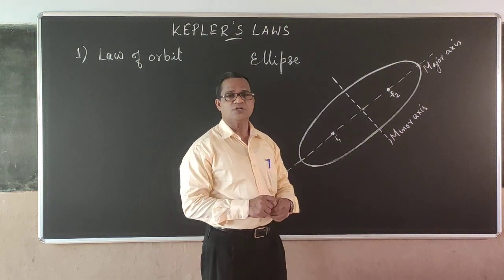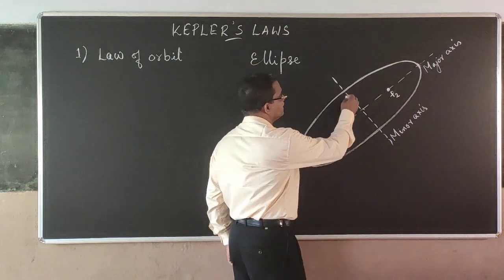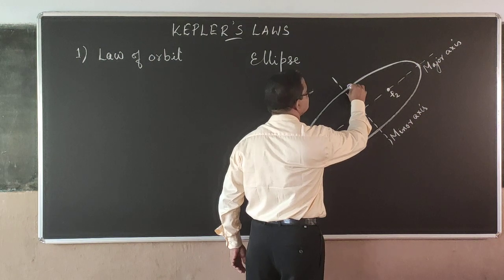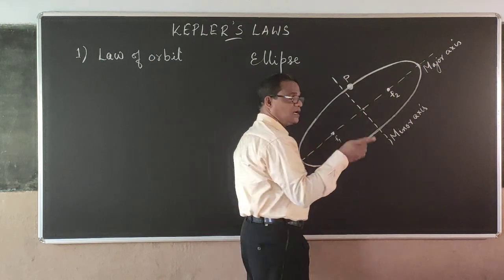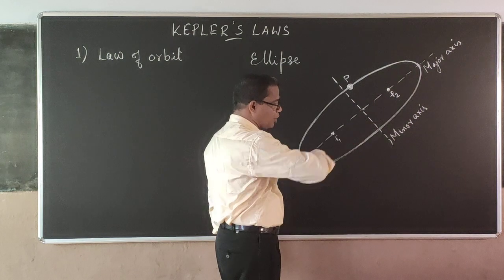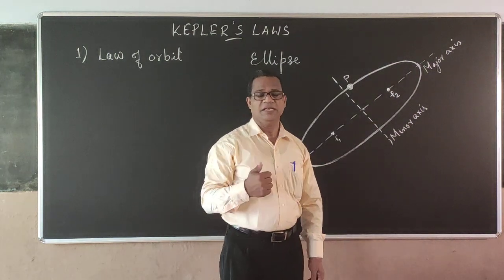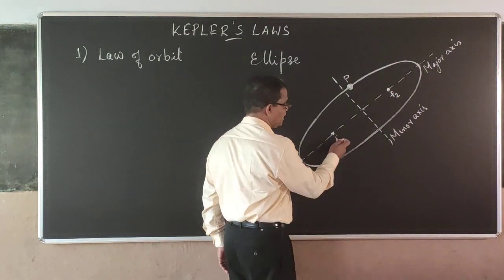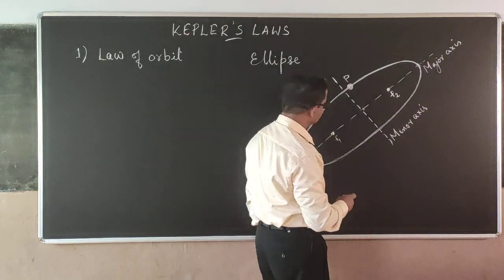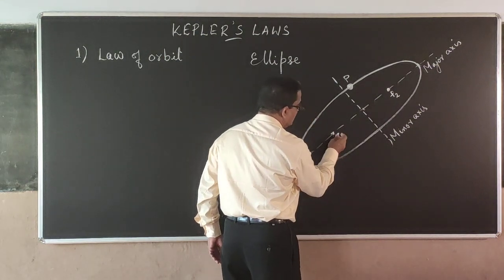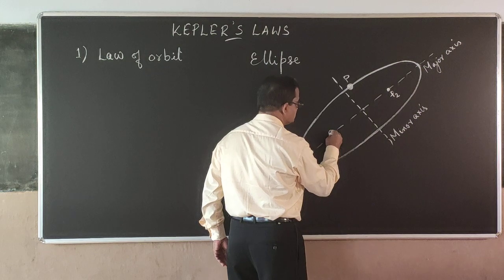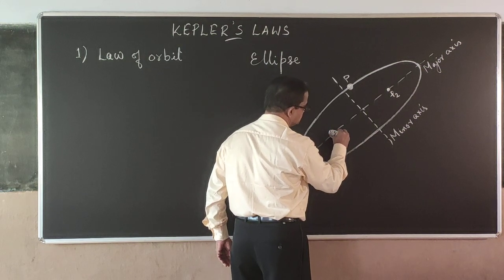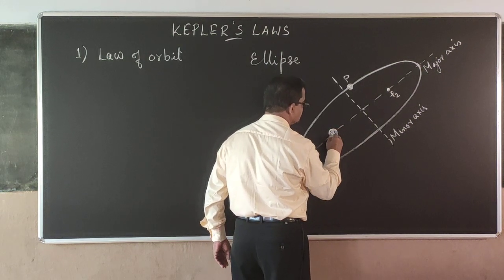Now, according to the first law, a planet will be revolving around the sun in elliptical orbit, keeping the sun at any one of its foci. So F1 and F2 are the foci. And let me consider for the planet, the sun is occupying this focal point.